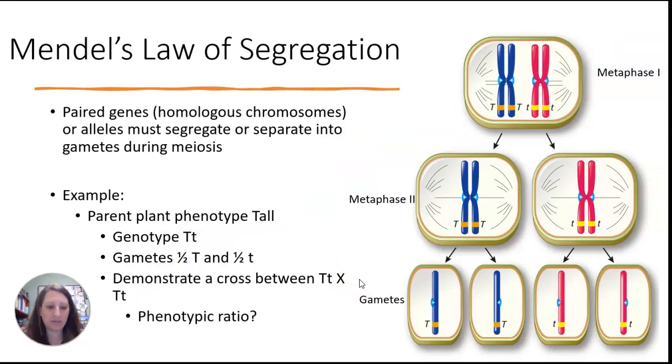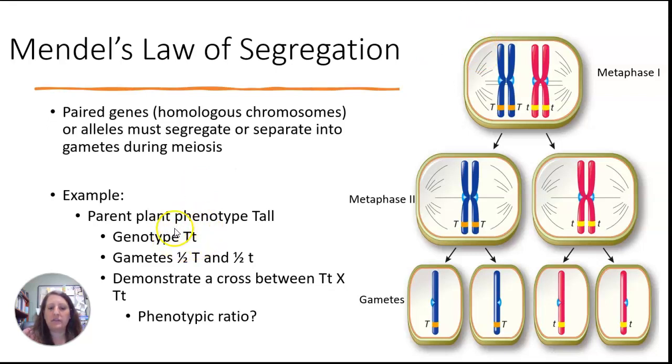So I referred back to meiosis, and I wanted to show you this again. In this particular example, we are looking at pea plants, and we are looking at the trait which codes for height. If we start off in the beginning here, this is meiosis in one parent, a parent that is heterozygous for this particular trait.